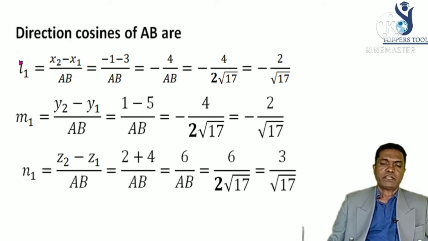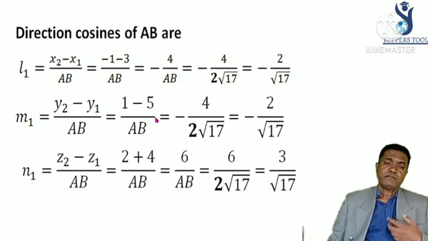Here there are three sides you have to find. So let us call them L1, M1, N1, the direction cosines of AB. Use the formula x2 minus x1 by AB, substitute the given coordinates, and the length AB that you found, substitute here, you will get this.